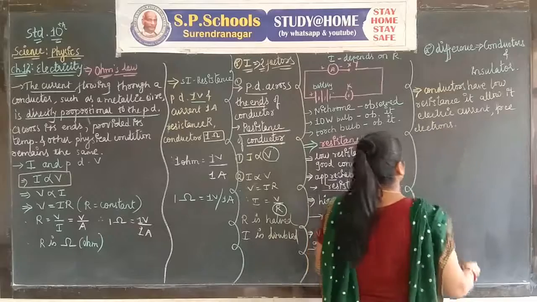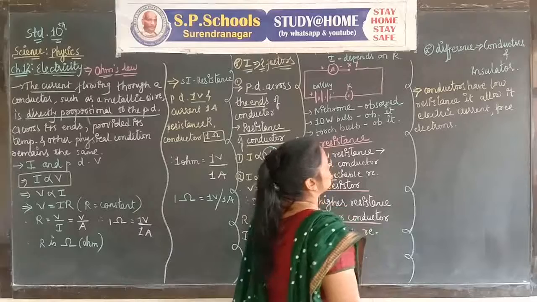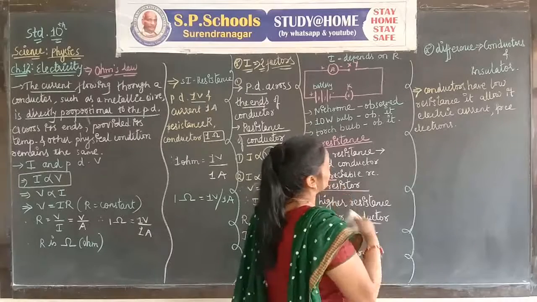Free electrons are present in their body to allow electric current.